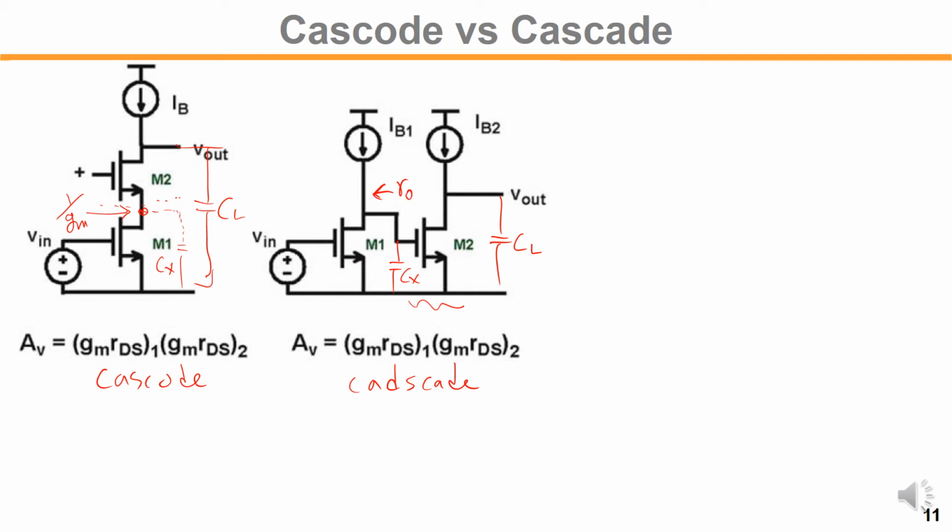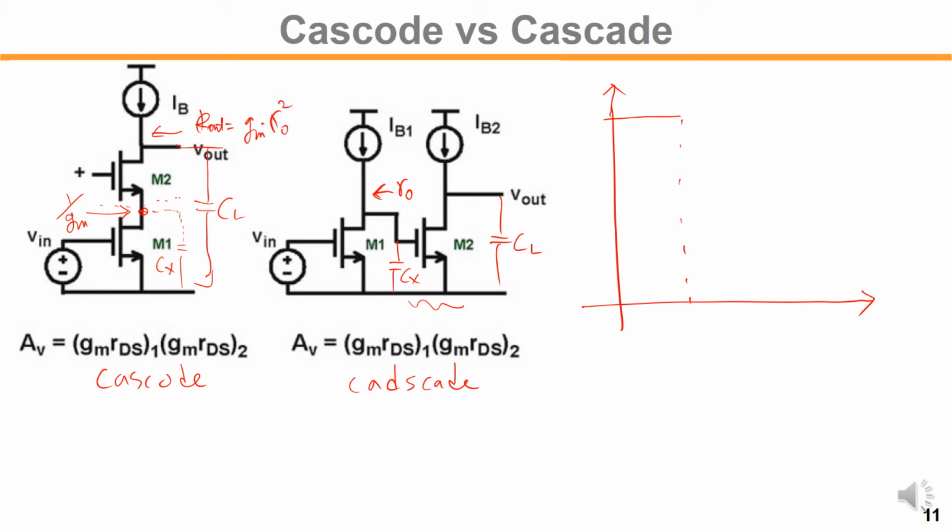So if you plot the frequency response and compare, for the cascode we start from the same DC gain, and the dominant pole would be at the output. R out would be GM times RO square.